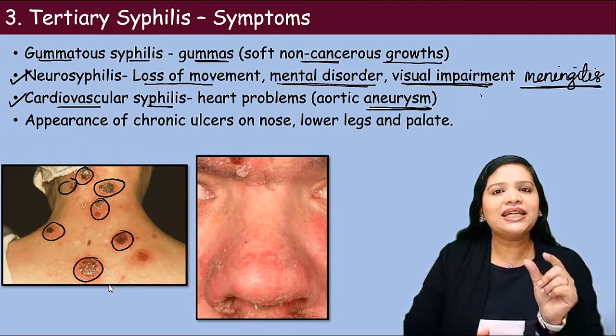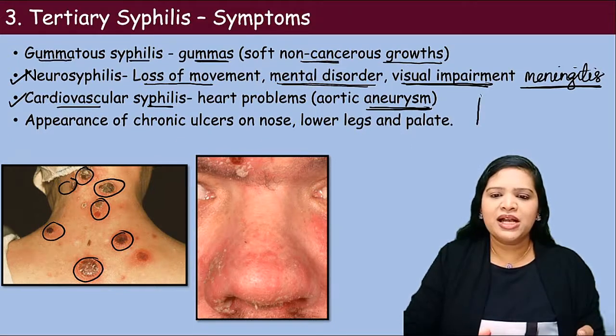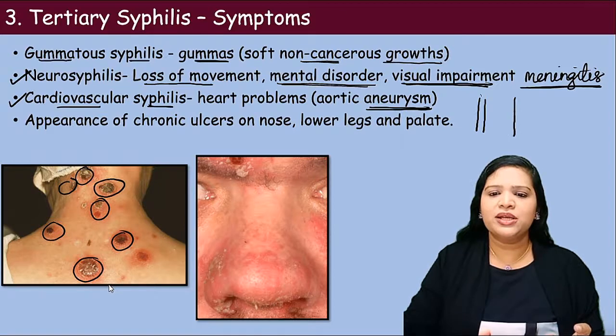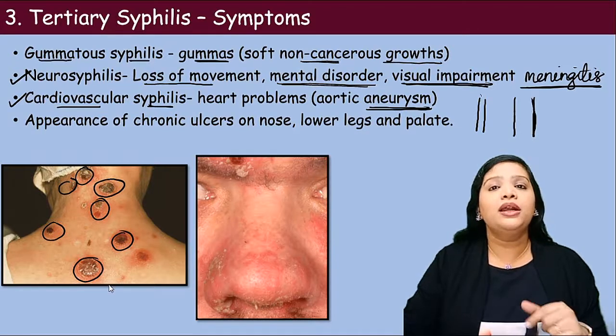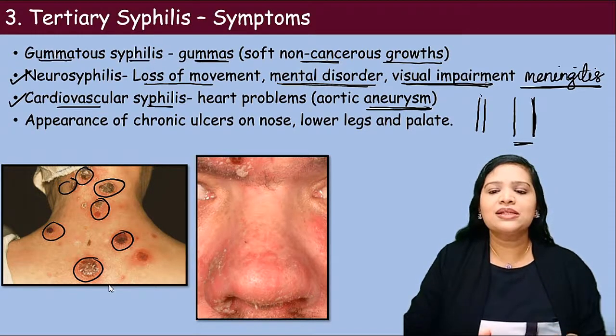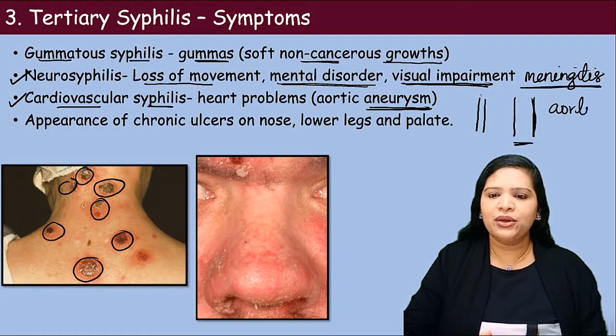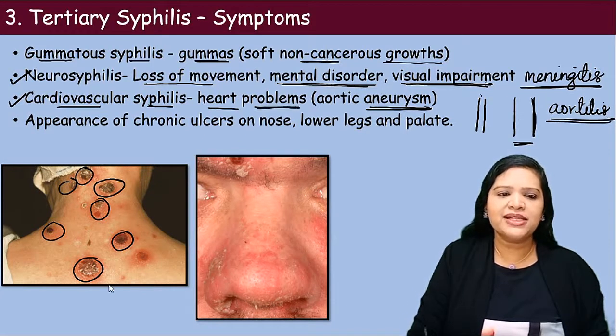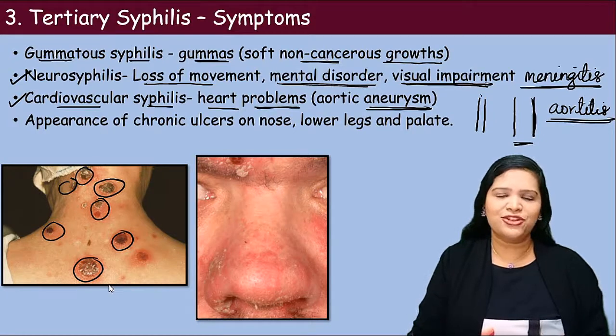Aneurysm means thickening of the aorta. For example, if this is a normal size aorta, an aneurysm means it becomes very thick, double or triple the size. This is aortic aneurysm, or you can also call it aortitis, inflammation of the aorta. So heart problems arise in cardiovascular syphilis.